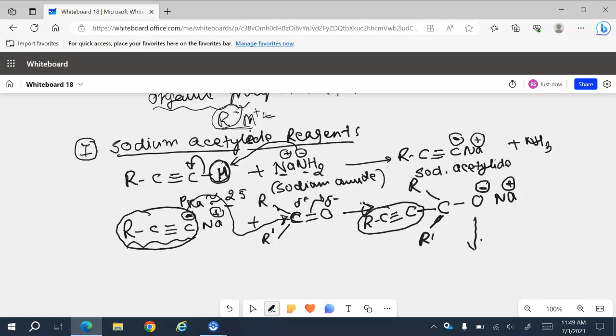Now we do not isolate this salt, with O negative and sodium positive, as the product. So we need to work up. Normally for workup, we take some kind of acid, like hydronium ion, as an acid workup.